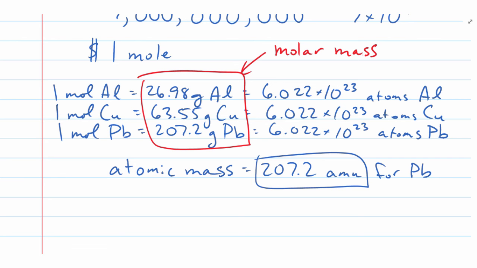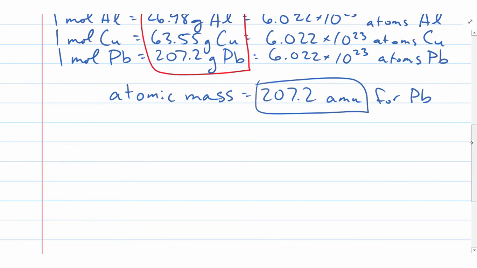Okay. Next up then, I have some molecular compounds. Here are a couple molecular compounds. Now I'm going to write some stuff down and we'll see what you can figure out. First one here, this is water. In the water, I have 6.022. No, I don't. What do I have? I have 1 mole. That's what I want to say. 1 mole of H2O.